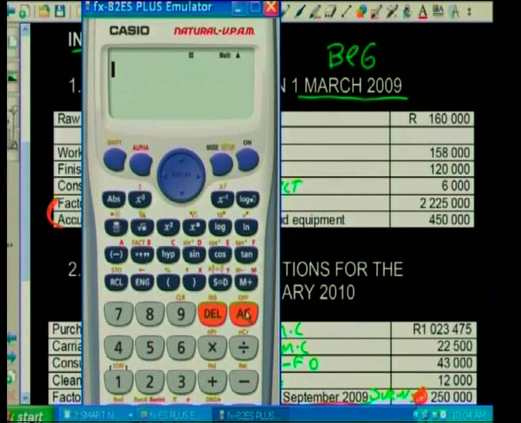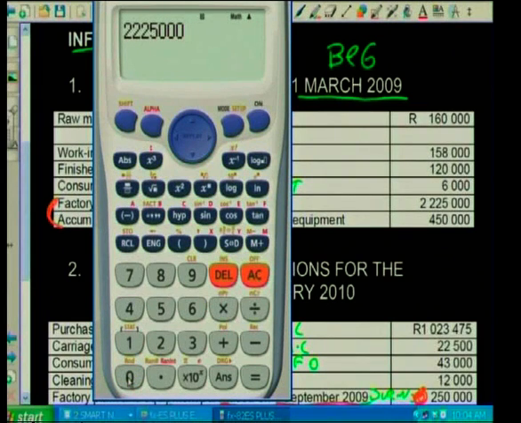So let's get those calculators out and calculate your depreciation. Remember, we're taking cost minus accumulated depreciation. We're going to subtract our accumulated depreciation of 450,000 to get a carrying value of 1,775,000.